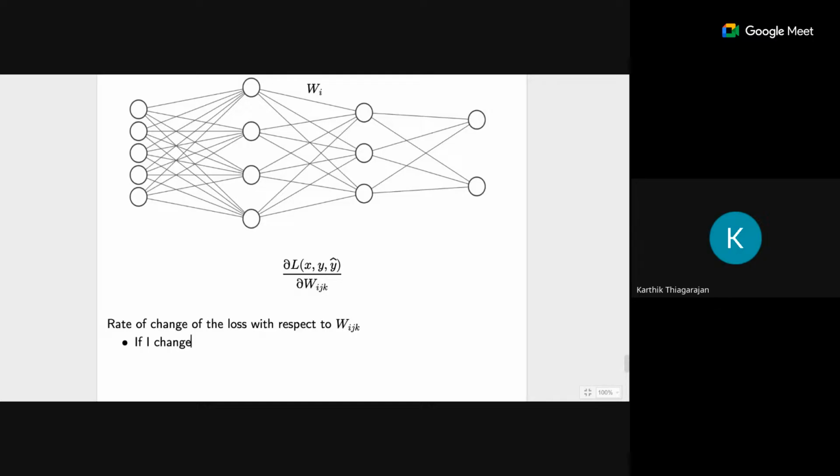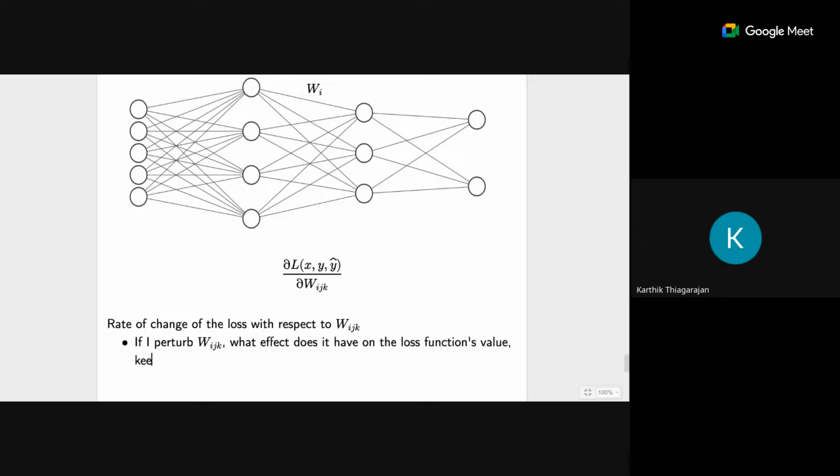So if I perturb, that's probably a better word, meaning if I nudge or slightly change the value of one of the weights, what effect does it have on the loss function's value?